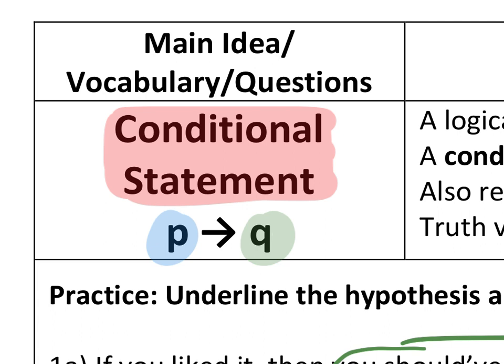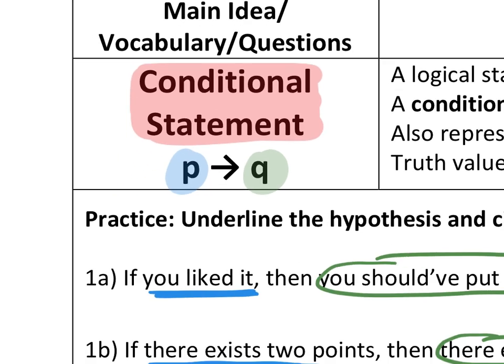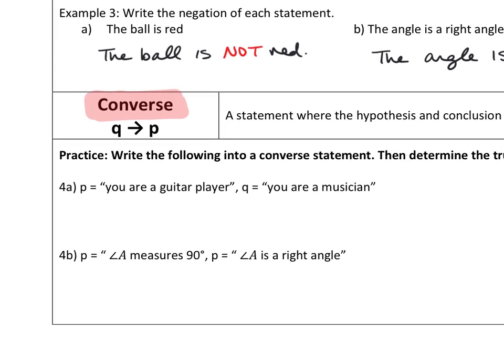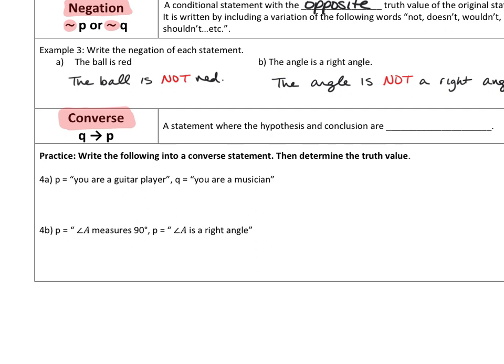Yeah, the P and the Q, didn't they switch sides? That's exactly what you're doing with a converse statement. So instead of writing a typical P then Q, we're going to write the converse. We're just going to basically switch the hypothesis and conclusion. That's it for a converse.